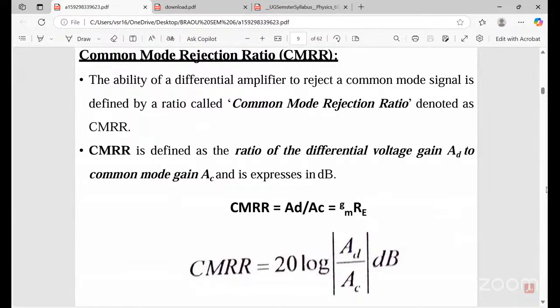CMRR is defined as the ratio of the differential voltage gain AD to the common mode gain AC. AD by AC is nothing but CMRR. So what is the CMRR value? 20 log AD by AC in decibels. Okay.